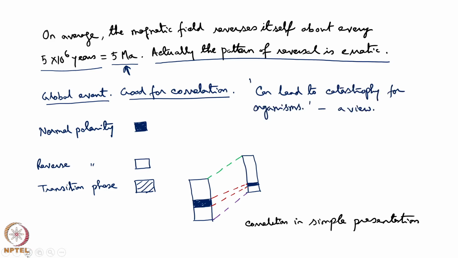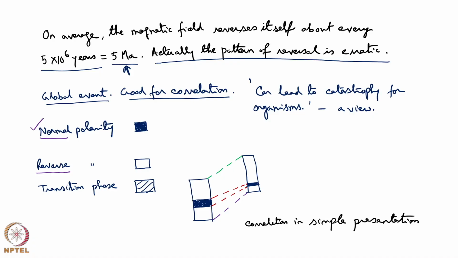We use two terms, normal polarity and reverse polarity. What is the meaning of normal polarity? At present, you put a magnetic needle and you find that one part of the needle is always pointing towards the magnetic north. That, what is at present, is known as the normal polarity.